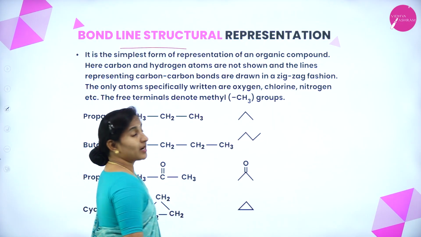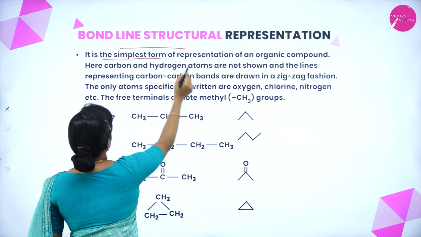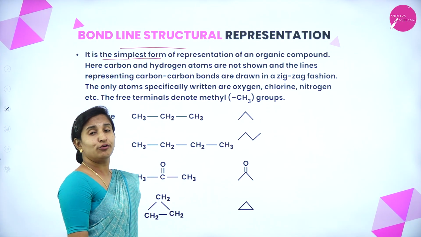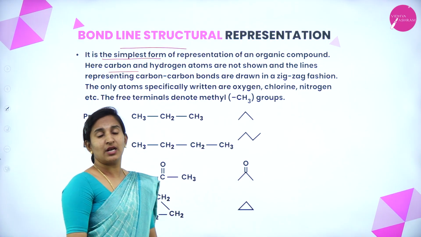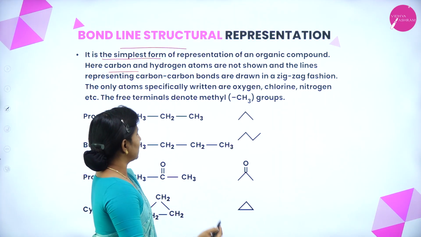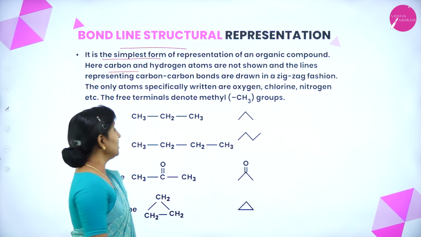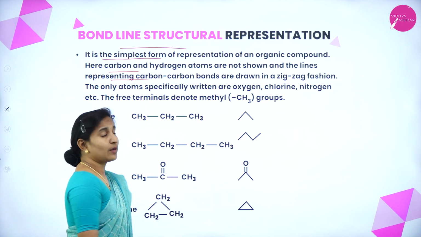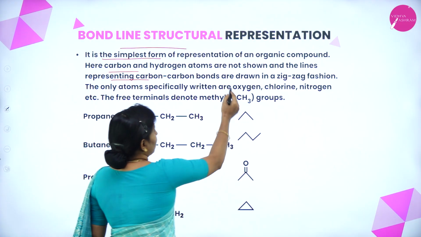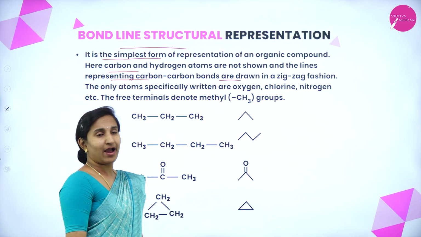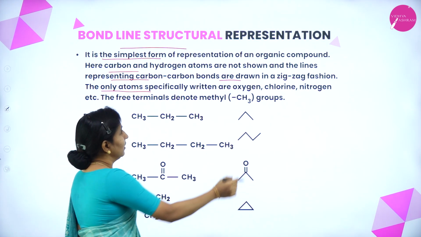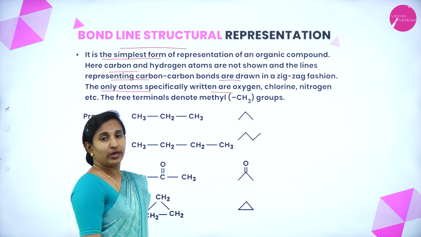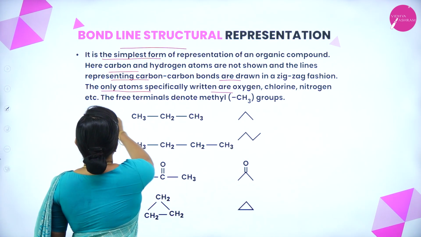Bond line structural representation. It is the simplest form of representation of organic compounds. Here the carbon and hydrogen are not shown in the structure, and the lines representing the carbon are drawn in a zigzag fashion. Only atoms like oxygen, chlorine, nitrogen, etc. are written.